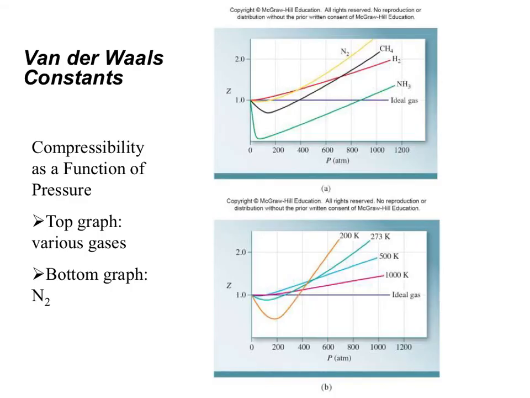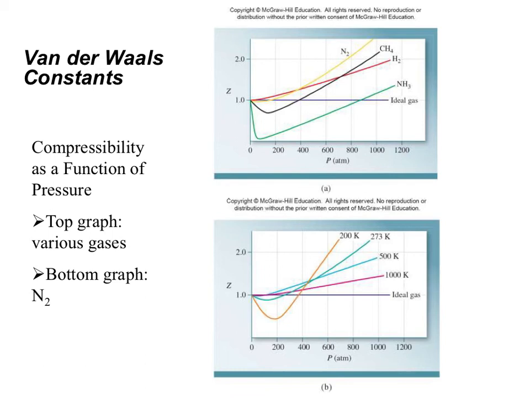These two graphs show the compressibility as a function of pressure for several different gases in the top one, and nitrogen at different temperatures in the bottom one. You will notice that, for example, for ammonia, NH3, at first you can compress it much more readily than an ideal gas, but after a while your ability to compress it decreases and your compressibility value increases.